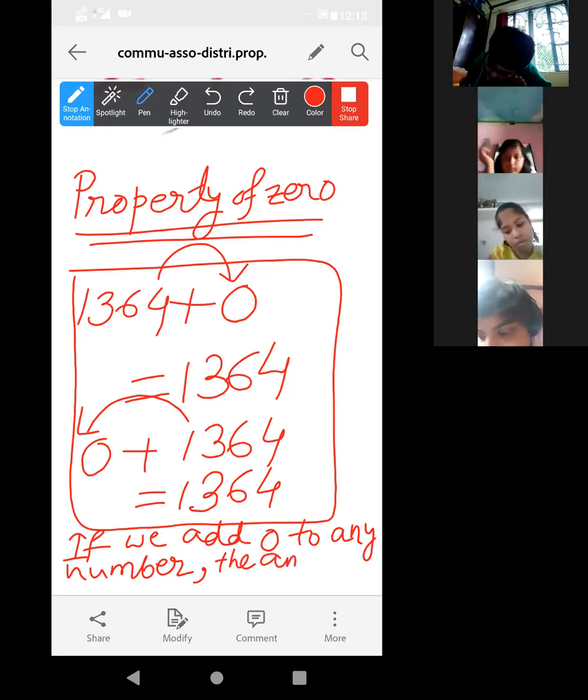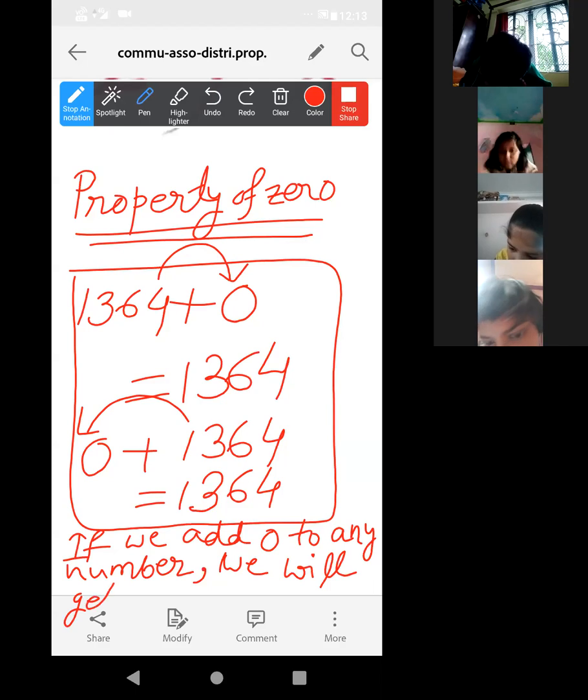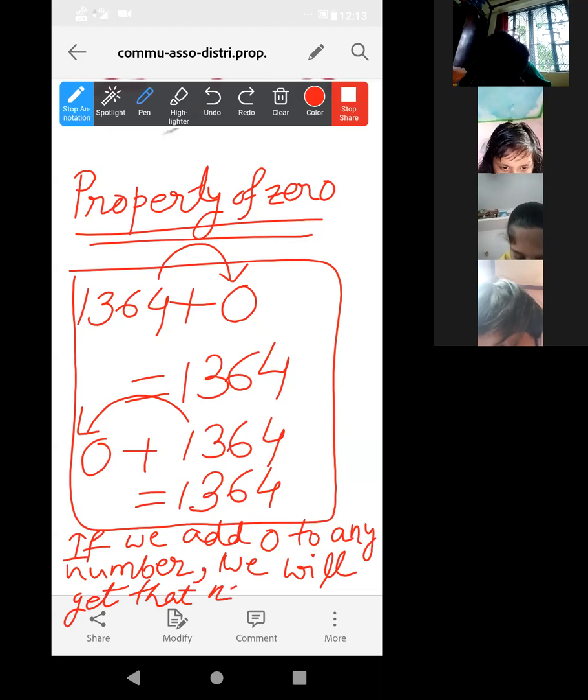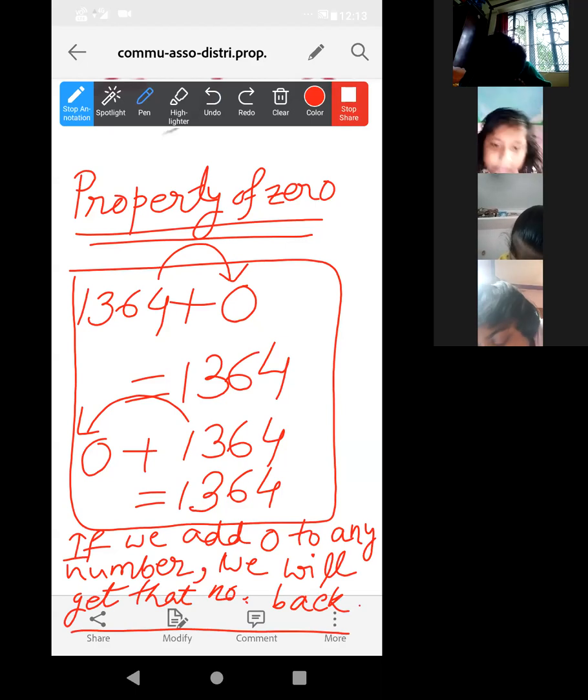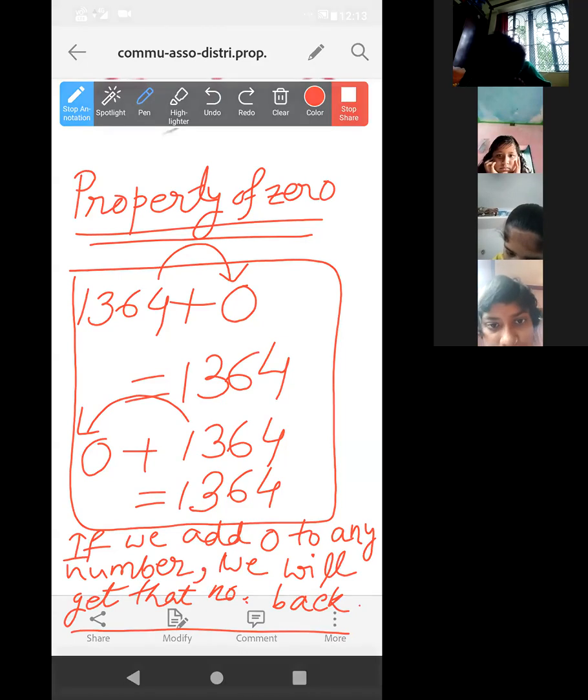Or you can write, it will be much better, we will get that number back, in one short line. No dot means number. I am writing, we will get that number back. Okay, write this. I am also taking a screenshot of this portion. I will upload this.